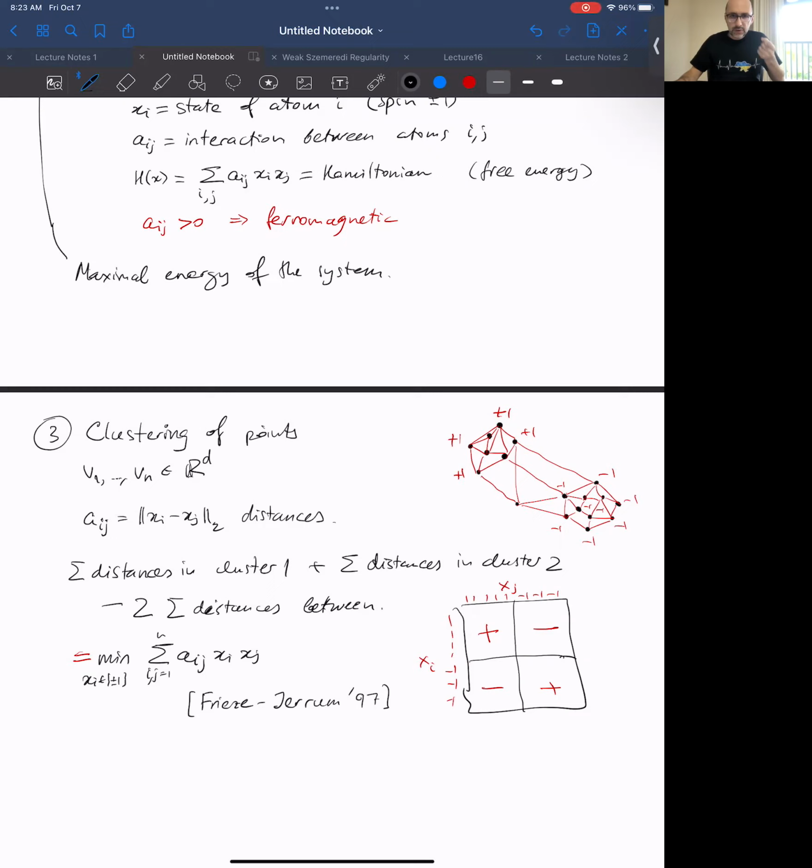So basically, just to give you a hint, if the x_i's are just numbers, the signs plus or minus 1, that will encode 2 clusters. If we make the x_i's a little bit higher dimensional, let's say in 2-dimensional space, so that they are not signs anymore, but we have 3 points on the circle. Just take the circle and put equidistant points there.